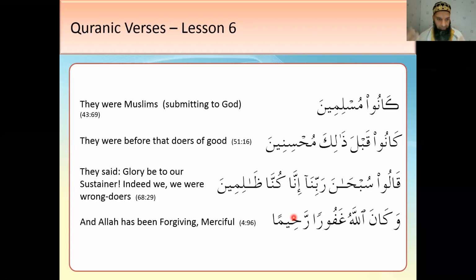It makes it stronger. It's pakka, as they say in Urdu, right? Stronger. So when you look back at it and say, yeah, I've married, it's concrete. So sometimes the Arabic uses the past tense to talk about a present tense, to make it stronger.